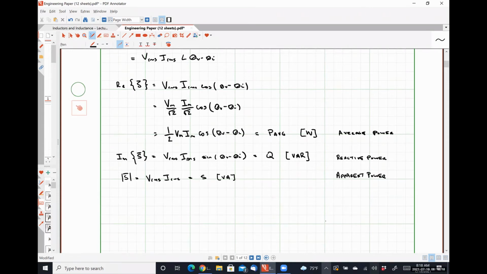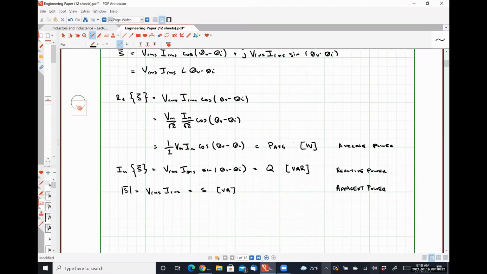So the last part of our complex power relationships is the argument of our complex power, which is theta V minus theta I, or we might call it theta S, and this is what's called the power factor angle.